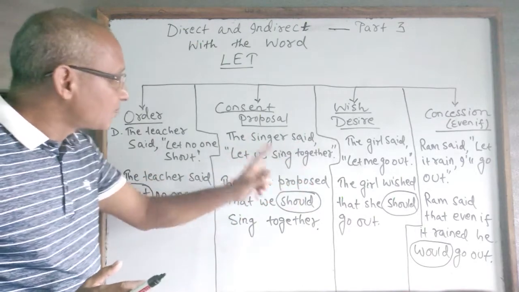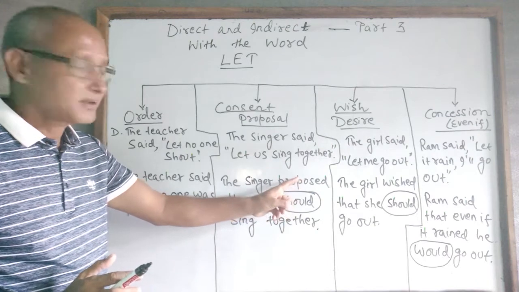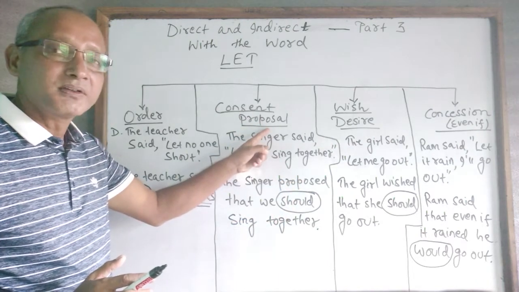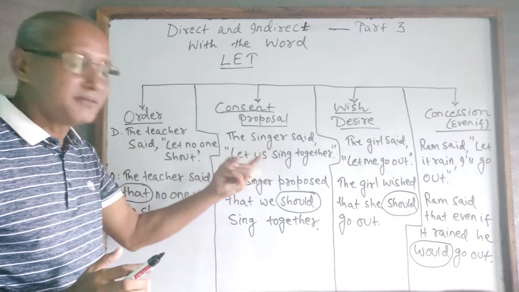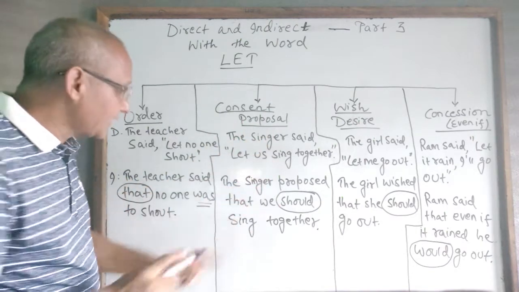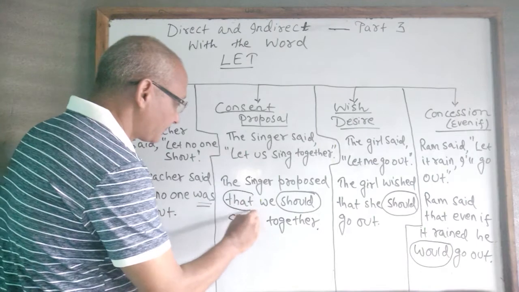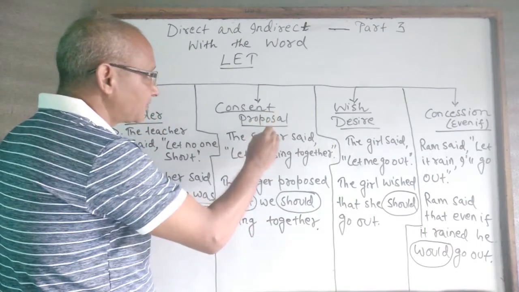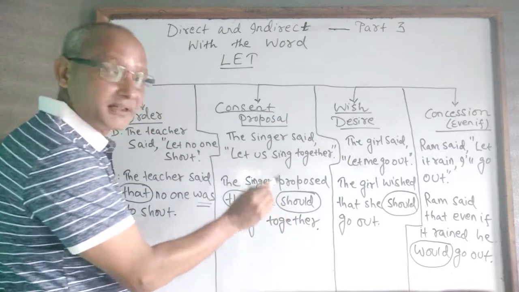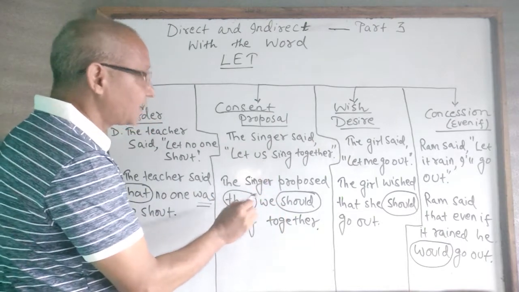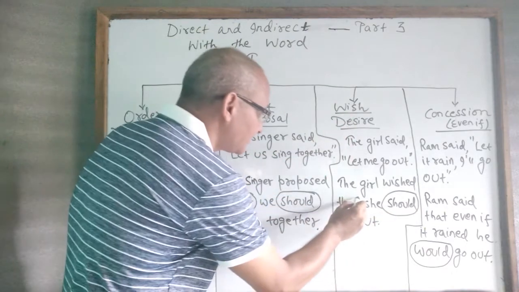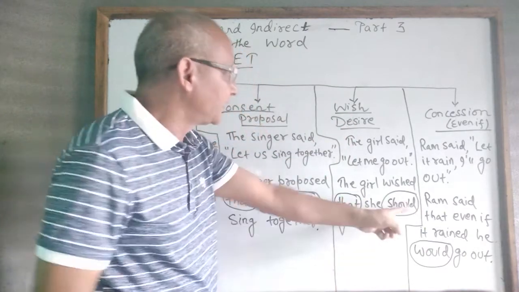The singer proposed. It depends, the word is proposal. So we can say agreed, we can say proposed, that we should sing together. Consent or proposal is connected by the word that, and we have to bring should here, and wish and desire also is connected by the word that, and we can bring should here.